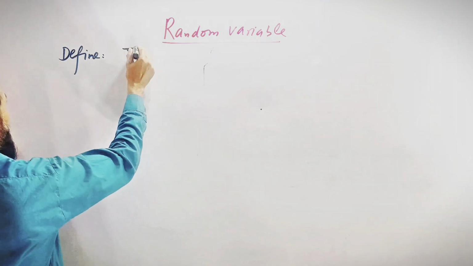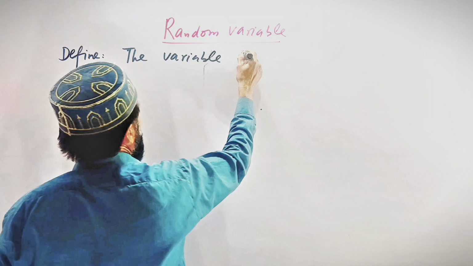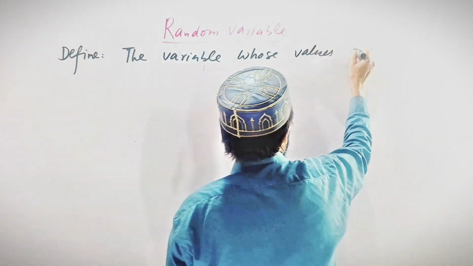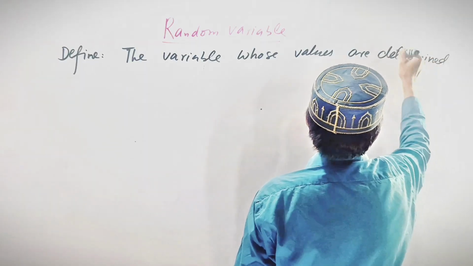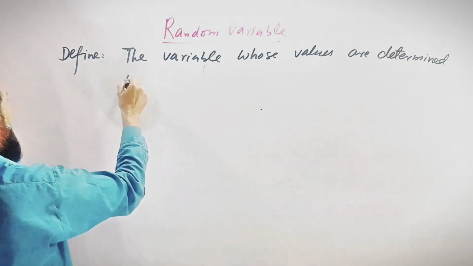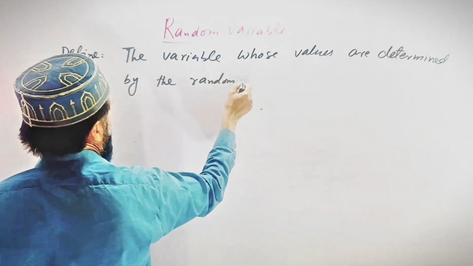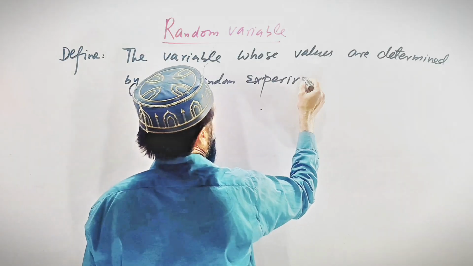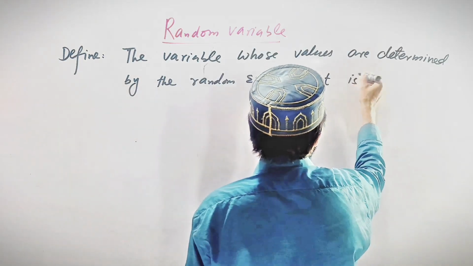The random variable, the variable whose values are determined by the random experiment, is called a random variable.